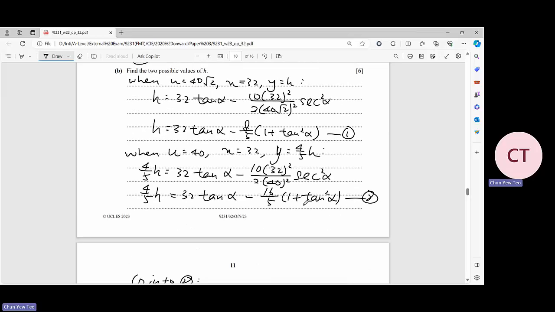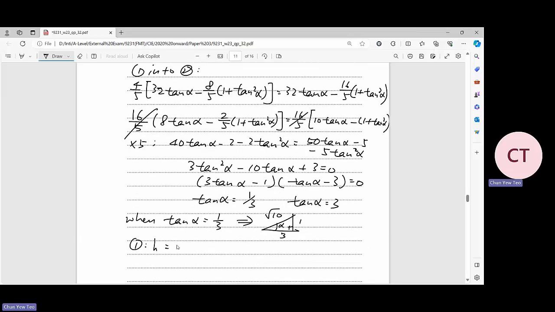It will be 32 tangent alpha minus the 8 over 5 of 1 plus the tangent square alpha. Just press the calculator only. From here, you will get the answer as 80 over 9.